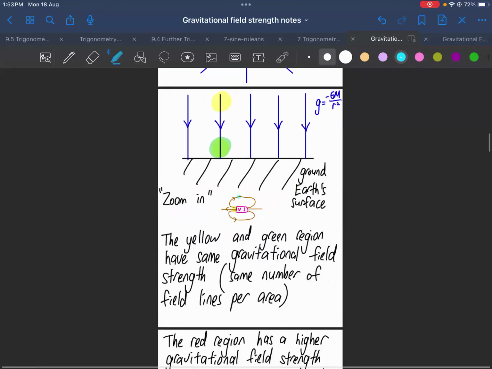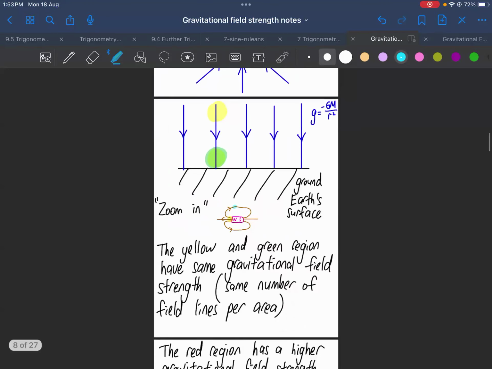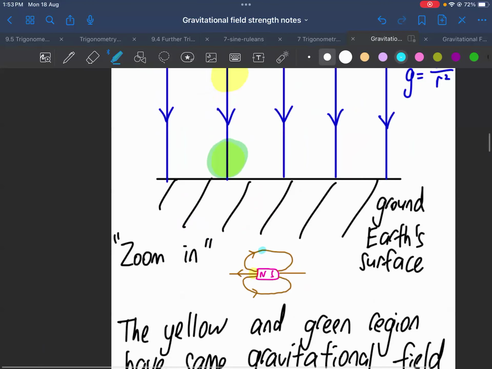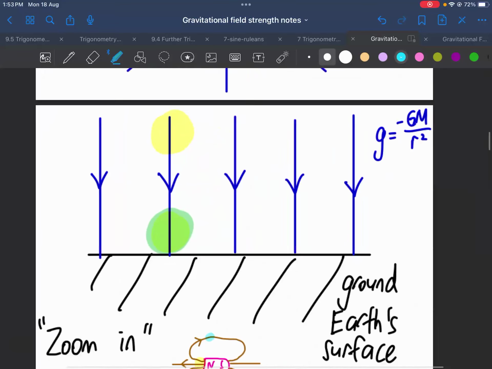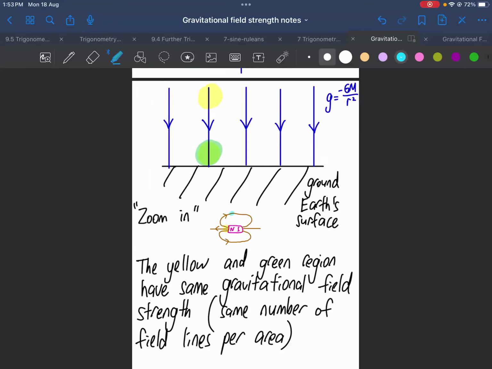So that's why if I zoom in, both the green and yellow color region have the same gravitational field strength because they have the same number of field lines per unit area.